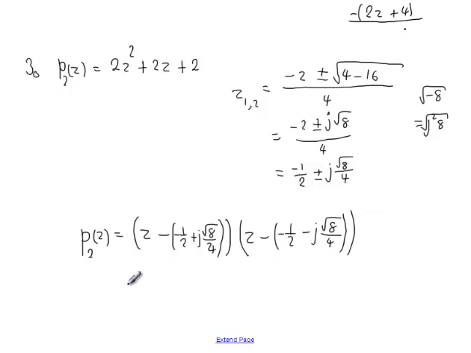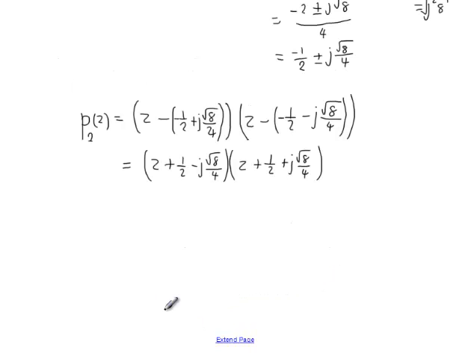And then simply this is Z plus half minus J square root of 8 over 4 in brackets, Z plus half plus square root of 8 over 4, that is J. Now, at this stage, guys, we have factorized this polynomial completely.